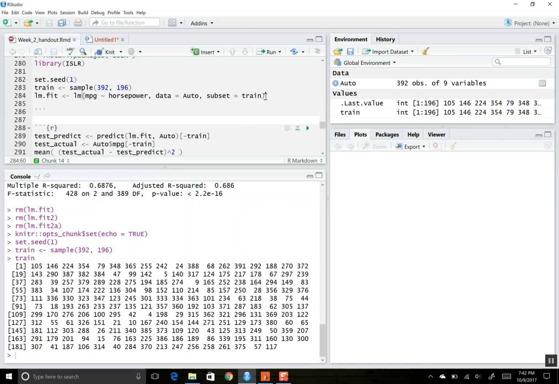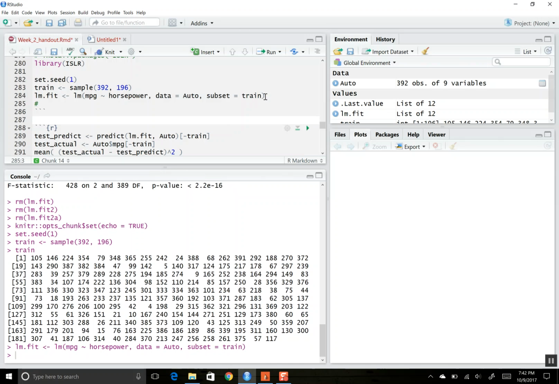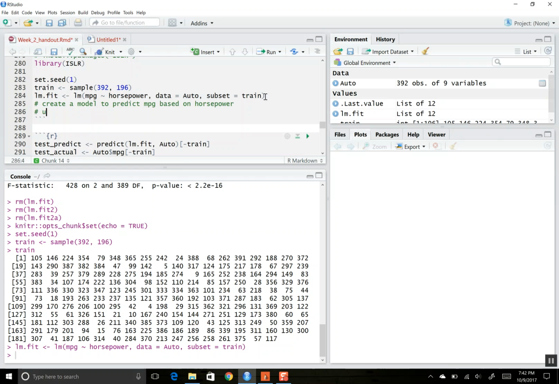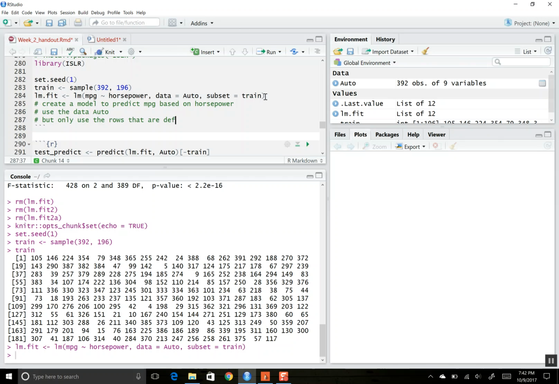So maybe if I add a comment, it would be: create a model to predict MPG based on horsepower. Use the data auto, but only use the rows that are defined in the vector train. Okay.